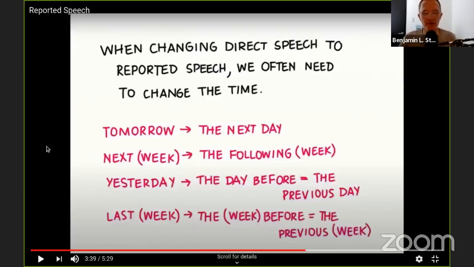Okay, so here, this is where we have to be careful using adverbs to indicate when things are happening or when someone says something. And this is going to very much depend on when the person is reporting what the other person said, and also when the person said it, and when the person is indicating a specific time when something happened.